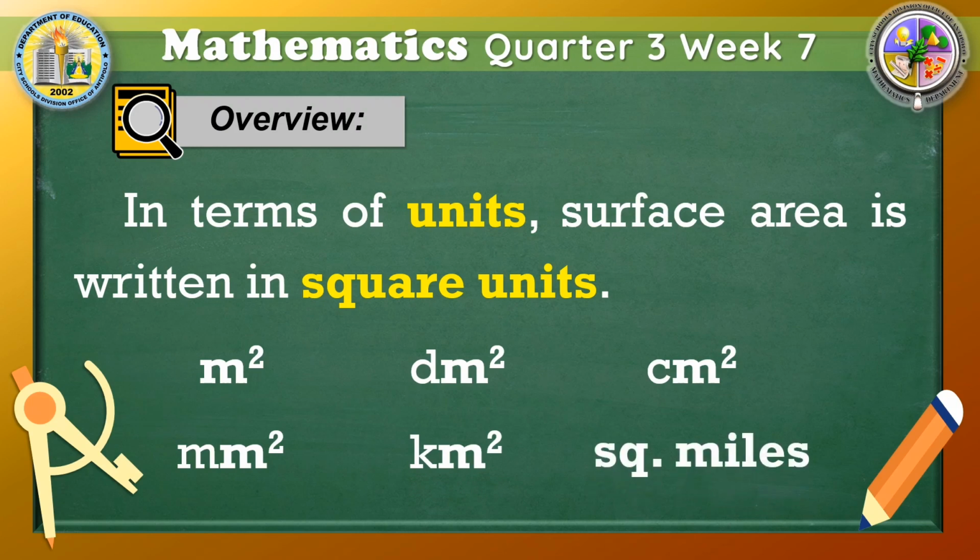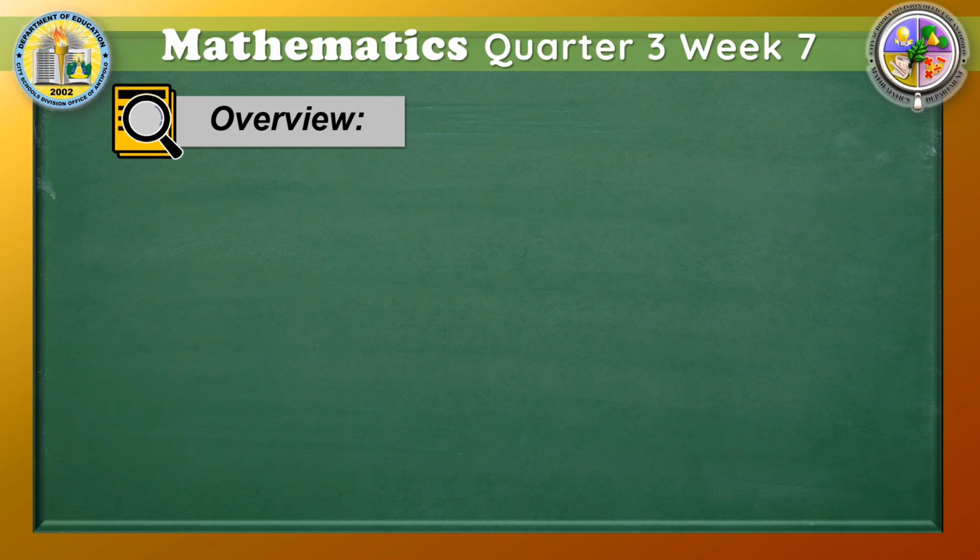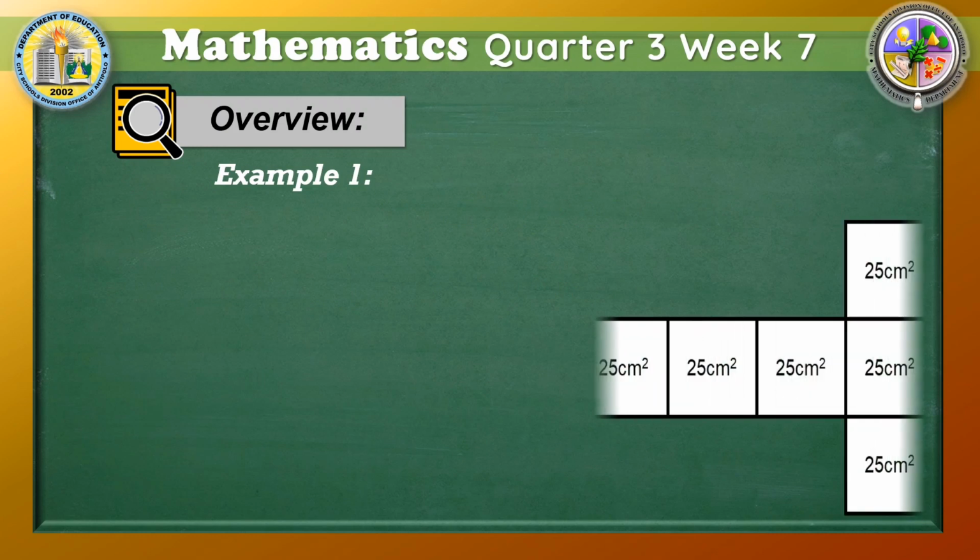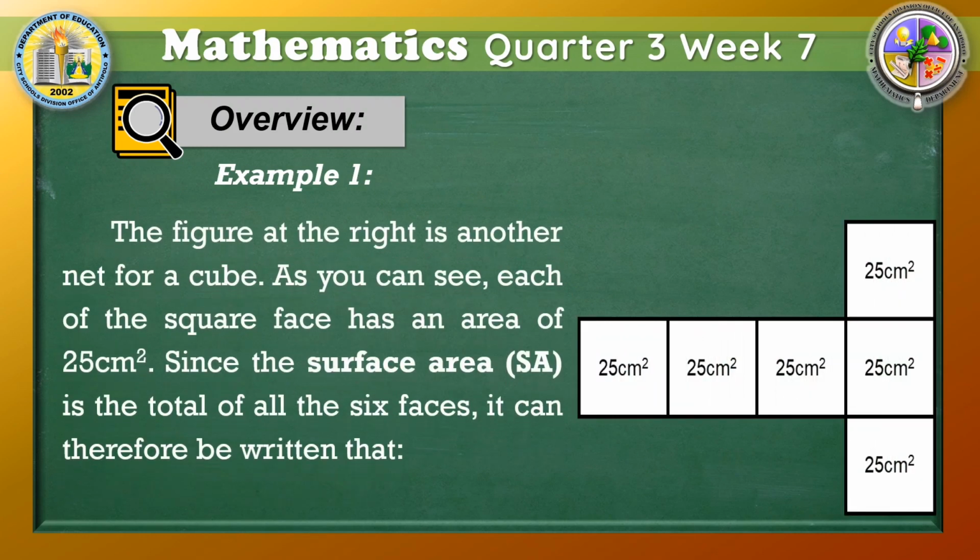Let us analyze some examples of solid or space figures with corresponding units. Here is example number 1. The figure at the right is another net for a cube. As you can see, each of the square faces has an area of 25 square centimeters.